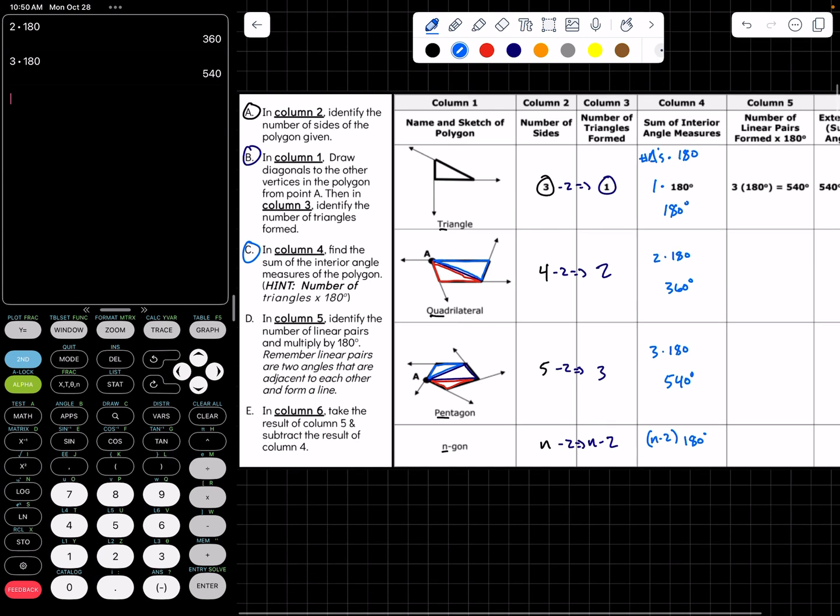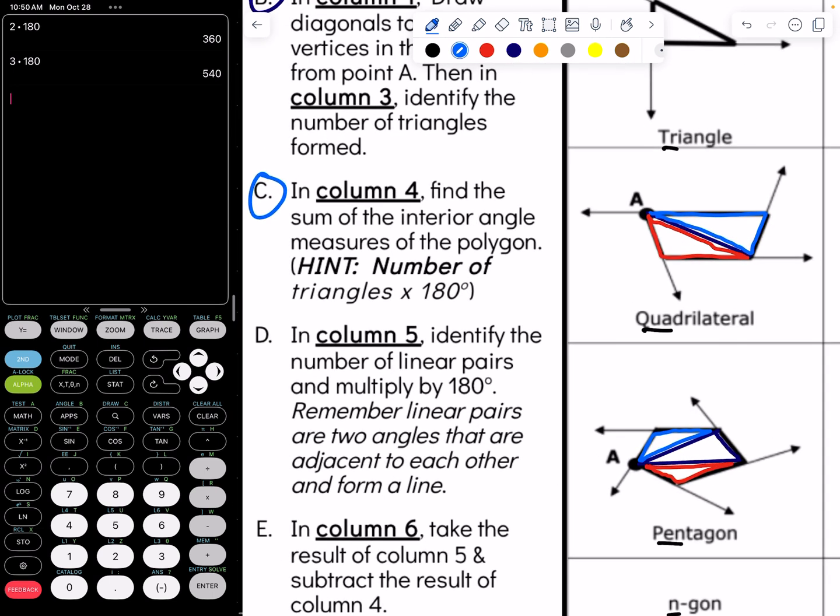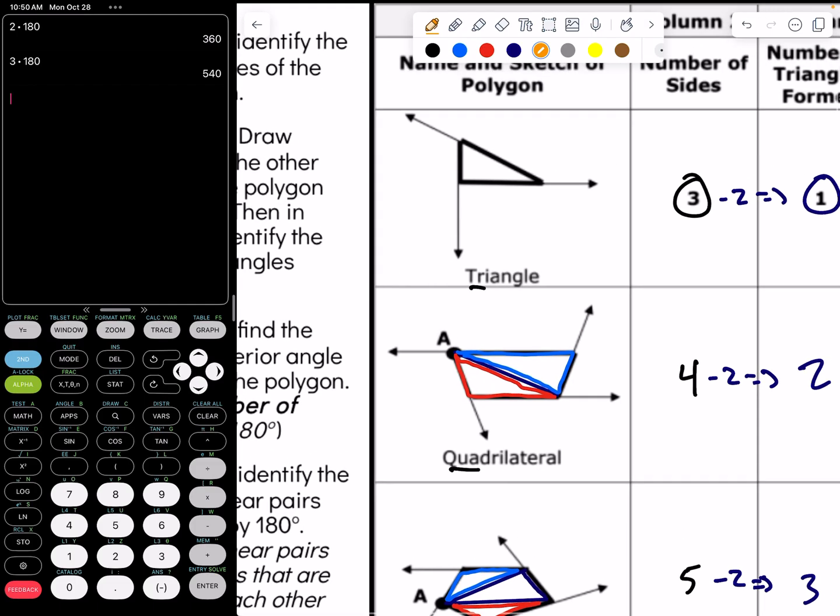Our 5th column says identify the number of linear pairs and multiply that by 180. So remember, linear pairs are 2 angles that are adjacent to each other and form a line. So we can see that we have a linear pair right here, a linear pair right here, a linear pair right here.